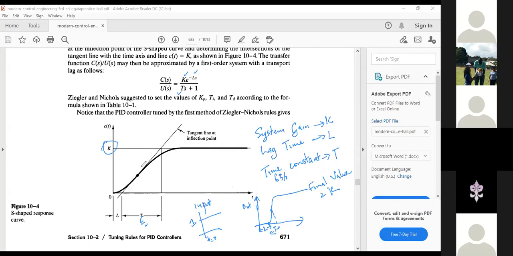Where it cuts the axis, between 0 and where it cuts the axis, that is your lag time, and between where it cuts the final value and initial value, that time is your time constant. So this is your output response, and you can find all of these.